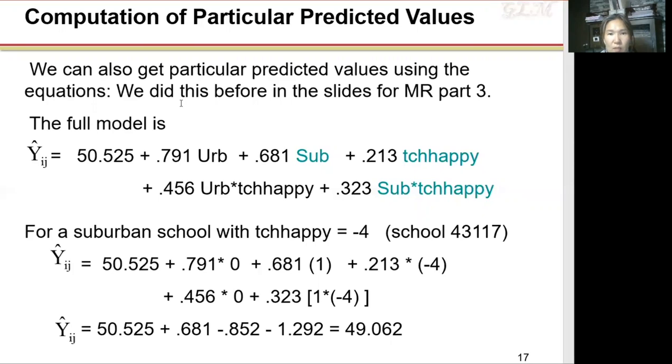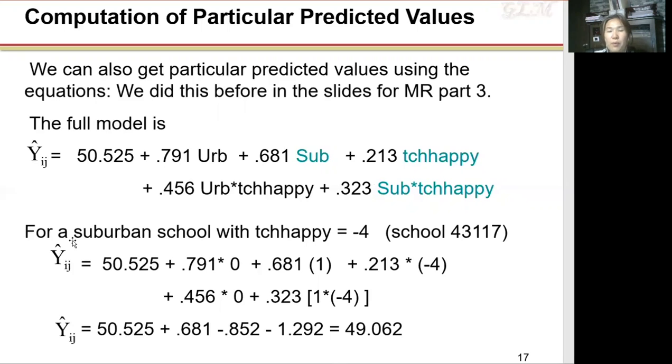We did this before in the slide for multiple regression. So the full model is this: 50.525 plus 0.791 urban plus 0.681 suburban, and the covariate, and the interaction effect between urban and covariate plus the interaction effect between suburban and covariate.